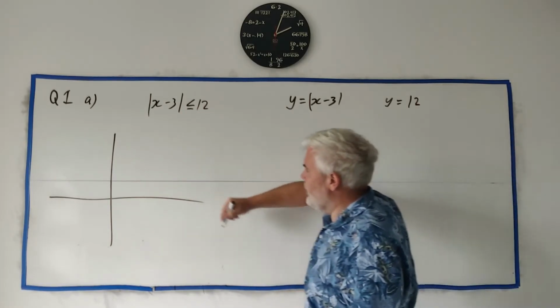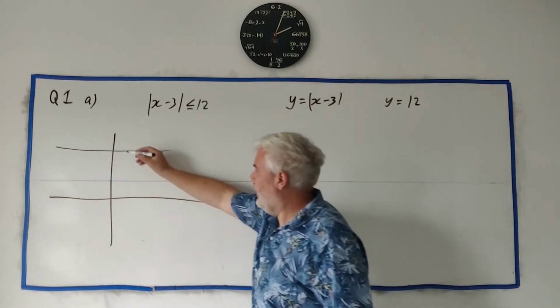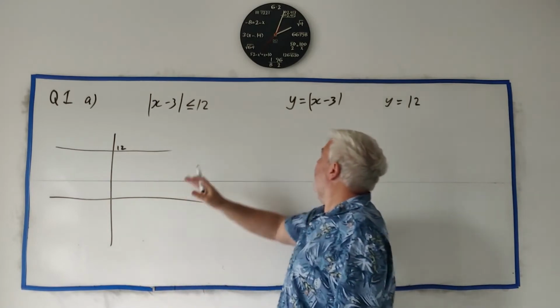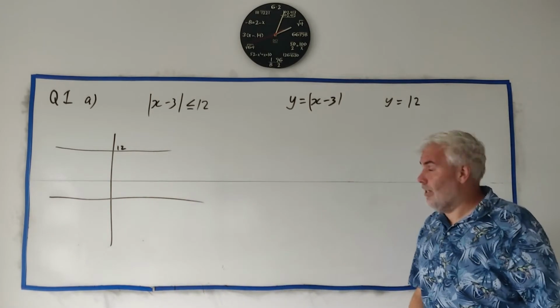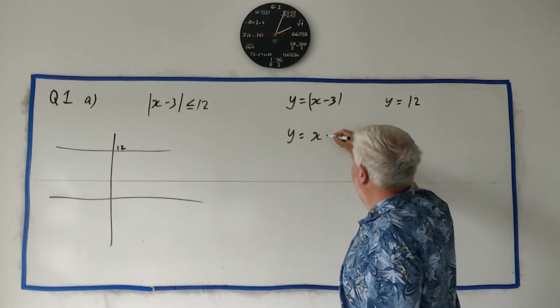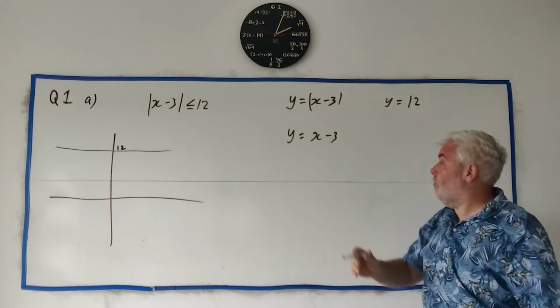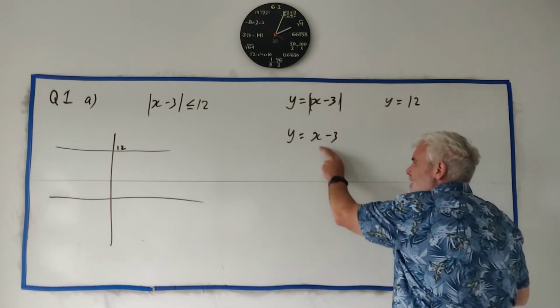Y equals 12 is easy to draw. It's just a straight line up at 12. This one's a little harder to draw, but it's not as hard as it seems. To draw this, we actually just have to draw it without the absolute value. This is an absolute value, not a bracket. We just need to draw without that, and this is quite easy to draw.